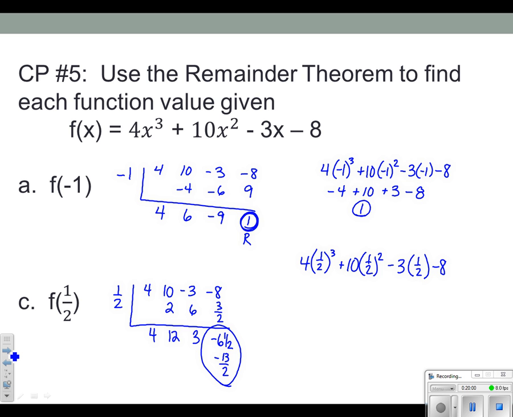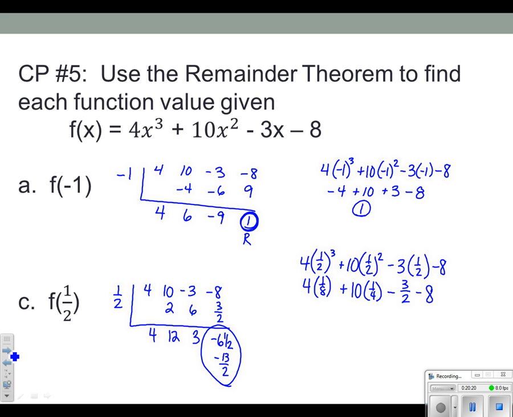Okay, so 1/2 to the third power. 1/2 times 1/2 times 1/2 is 1/8. 1/2 squared is 1/2 times 1/2, or 1/4. 3 times 1/2 is 3/2, and then the minus 8 on the end yet.